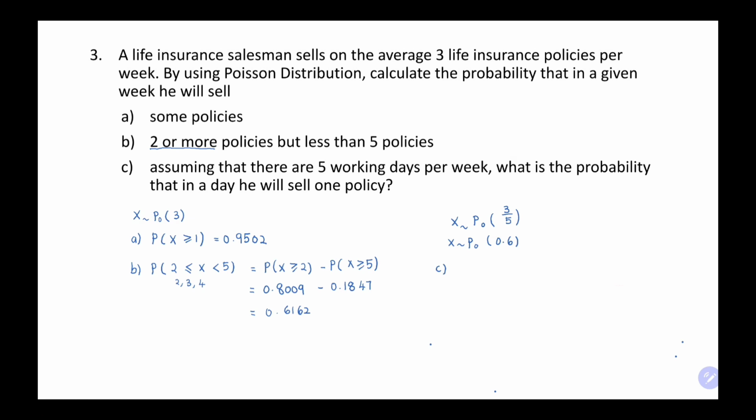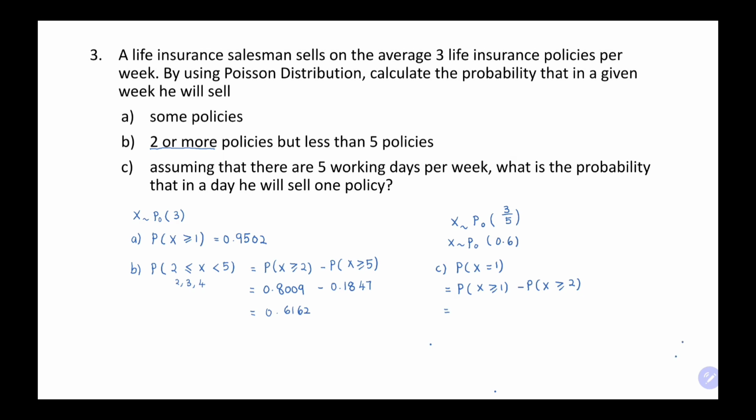Then the question asks to find that he will sell 1 policy only. So P(X equals 1). For P(X equals 1), we cannot read the table because the sign is equal. So we have to change the sign to greater than or equal. So P(X greater than or equal to 1), we minus P(X greater than or equal to 2). We want 1 only, that's why we subtract 2 and above.